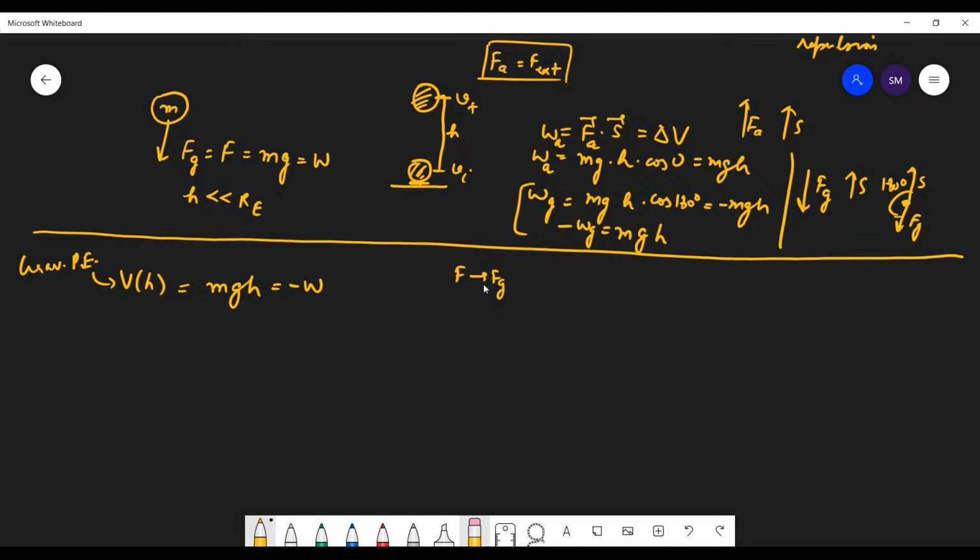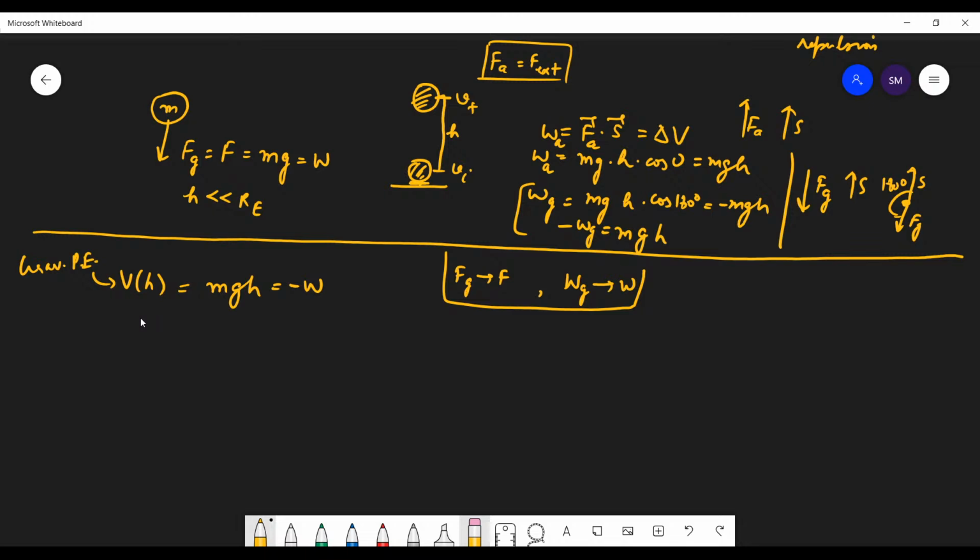I will be writing Fg as F in your book, and work done by the gravitational force is written as W. So remember these two things: gravitational force is written as F, and work done by the gravitational force is written as W. Here mgh is equal to the negative work done, because displacement was upward and the gravitational force was downward.